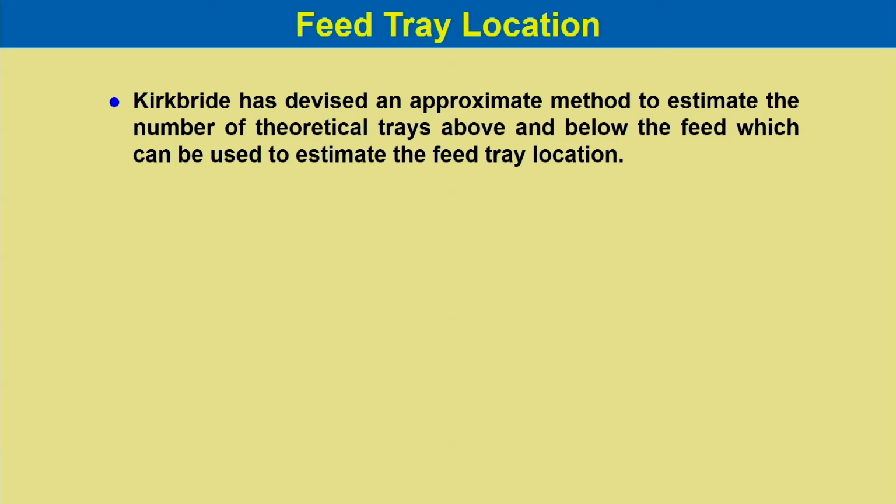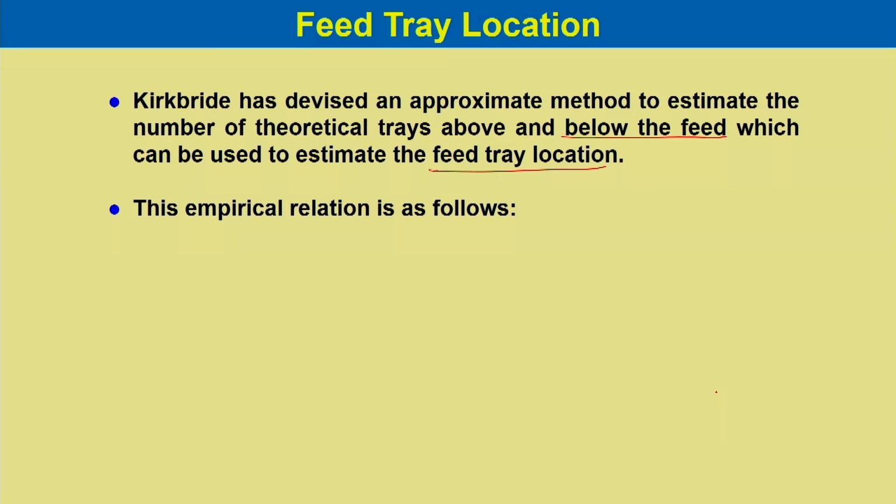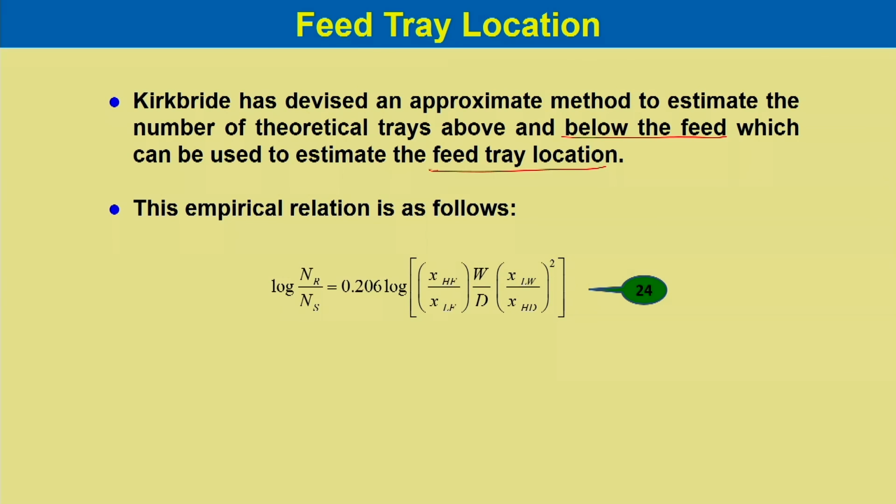Now, feed tray location. Kirkbride has devised an approximate method to estimate the number of theoretical trays above and below the feed, which can be used to estimate the feed tray location. This empirical relation is as follows: log NR divided by NS is equal to 0.206 log of XHF divided by XLF into W by D into XLW divided by XHD square.